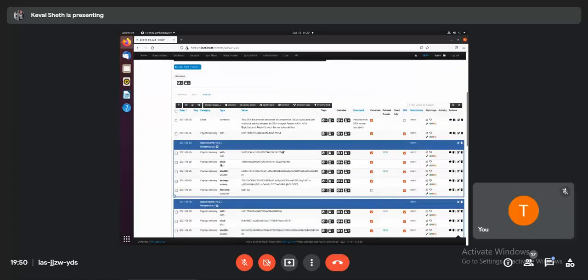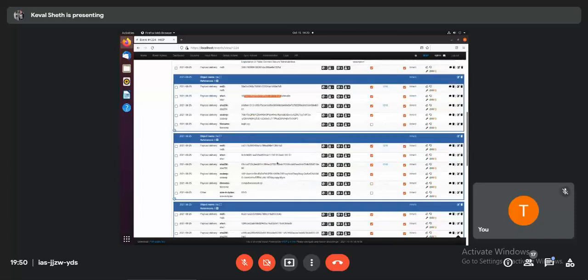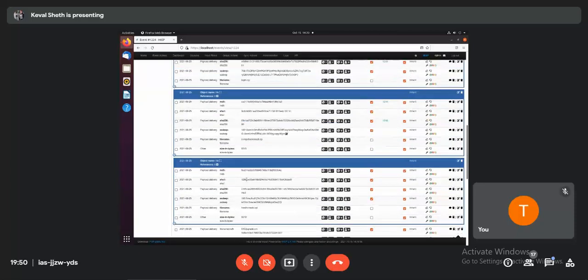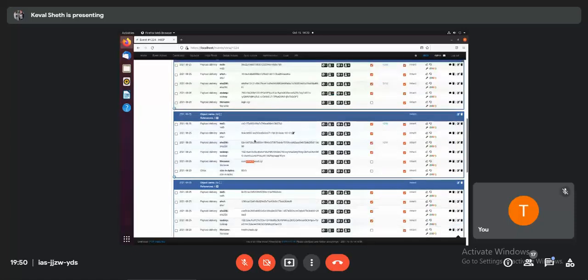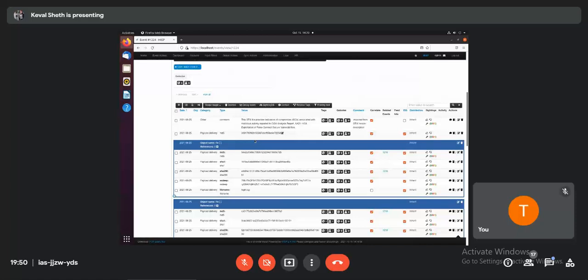Here you can see there are multiple indicators. There are a few hashes, a few files, and a few file names. All these things will be collected as indicators. What we are going to do is filter them based on our particular client's business, and after that we will share the same thing with the other endpoint tools as well.